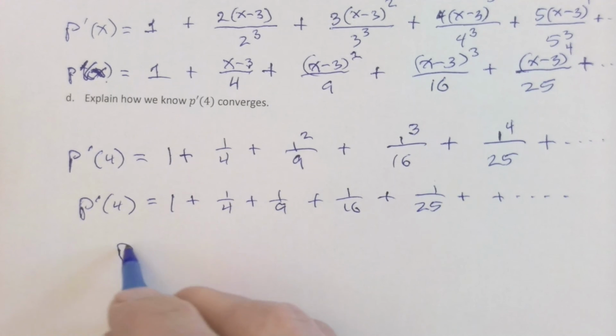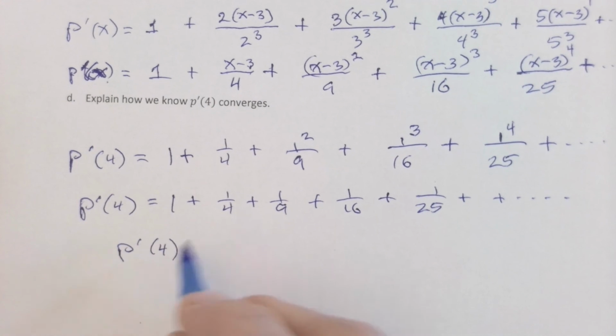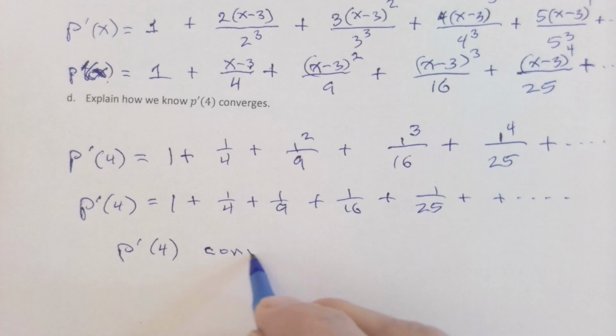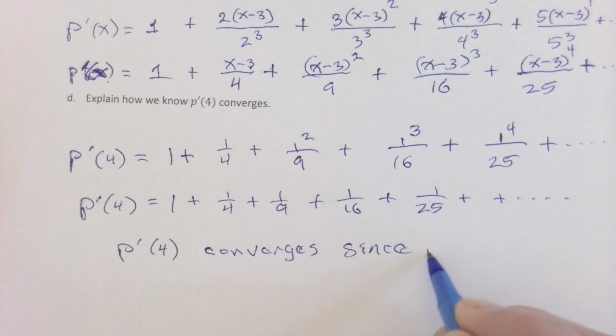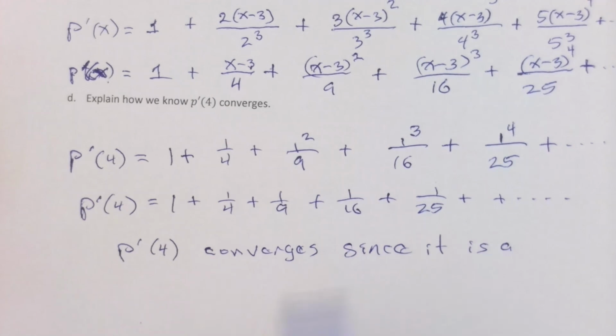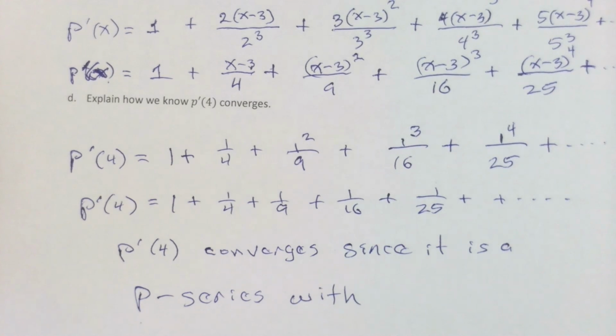So you would write, finally, p prime of 4 converges since it is a p-series, and the p is bigger than the threshold. It's bigger than 1. And you really need to say that in order to have a valid argument here.